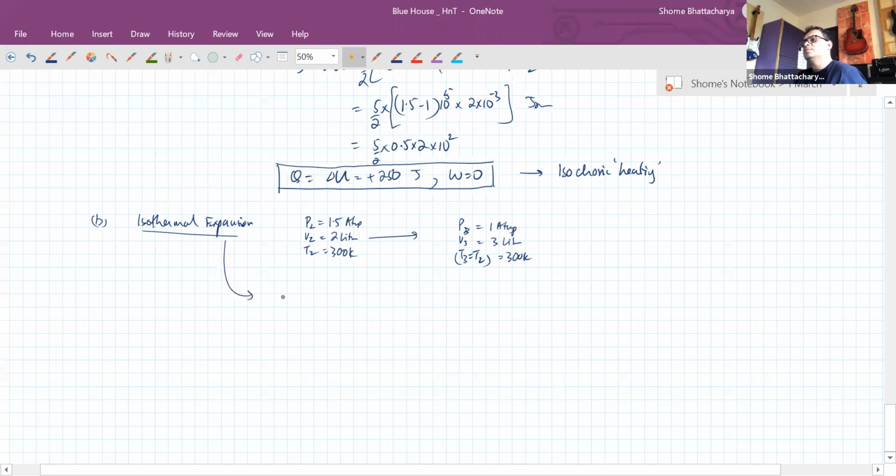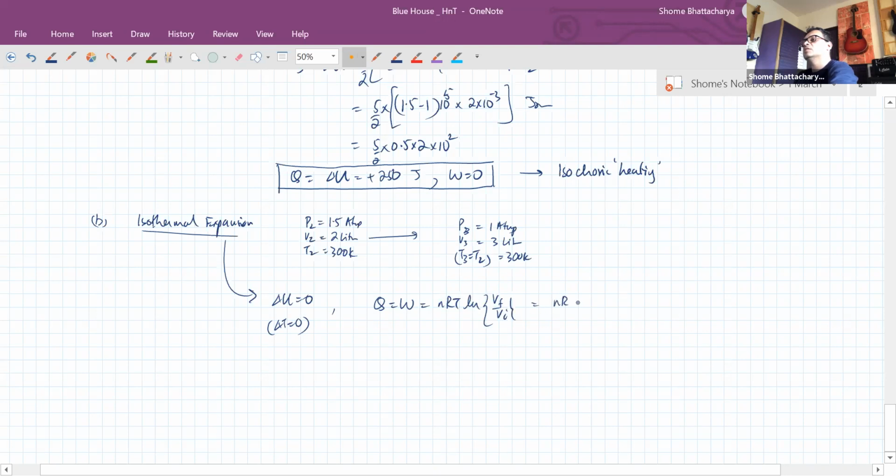So in isothermal expansion, delta U is zero, change in internal energy, because change in temperature is zero. But Q is equal to W is equal to nRT natural log of final volume upon initial volume.